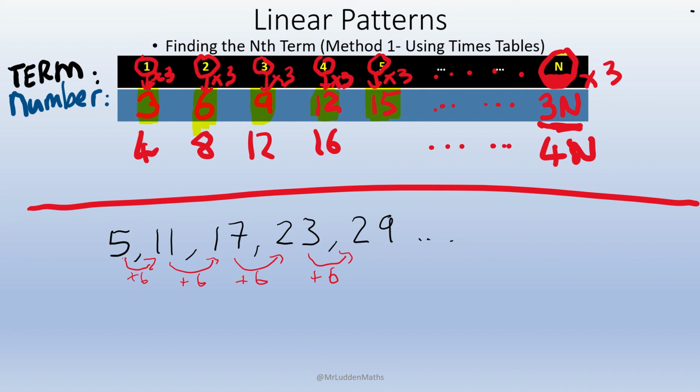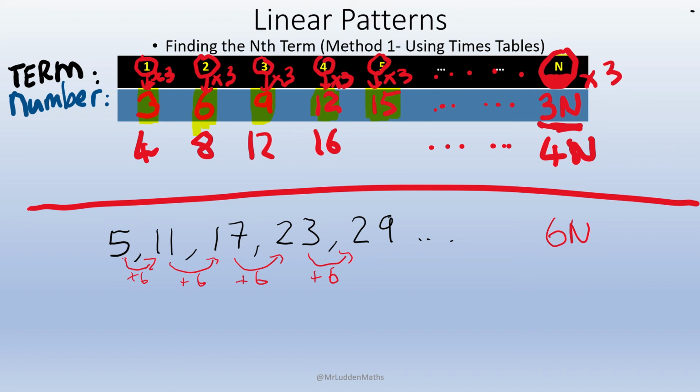So if you think about that, the only other one of our times tables that goes up in sixes is actually our 6 times tables. So you might think, oh, this thing here, 5, 11, 17, 23, 29, it's going up in sixes, it's my 6 times tables. So it's going to be 6n, like from what we said before.